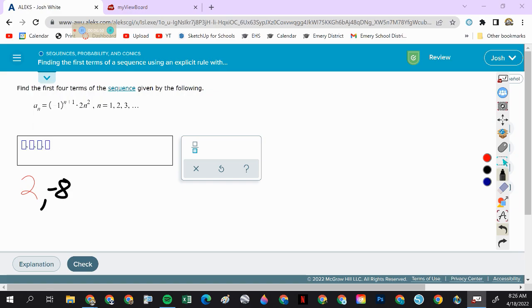Now we do 3. Put a 3 there, and I get negative 1 to the fourth. Negative 1 times negative 1 times negative 1 times negative 1 is positive 1. Then I put a 4 here, and I get 16 times 2, which is 32, and so on. Okay, easy enough?